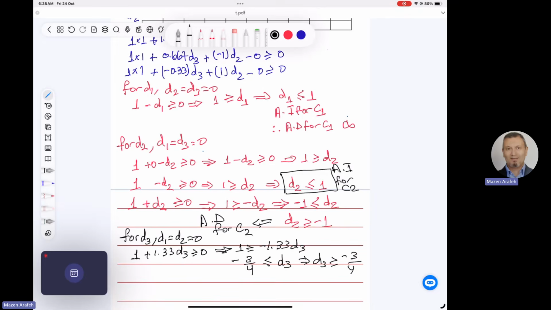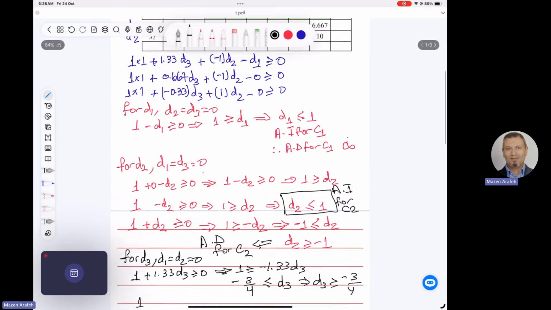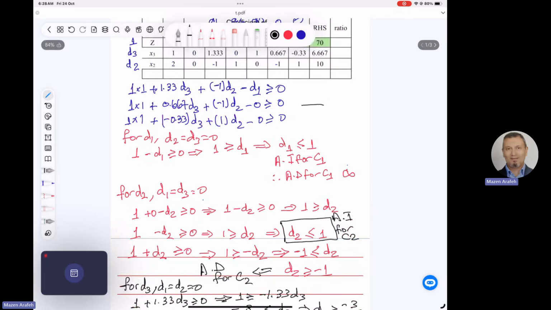Okay, but let's check the other equations. So now from the second equation, let's go back here. The second equation, I'm going to use it for D3.